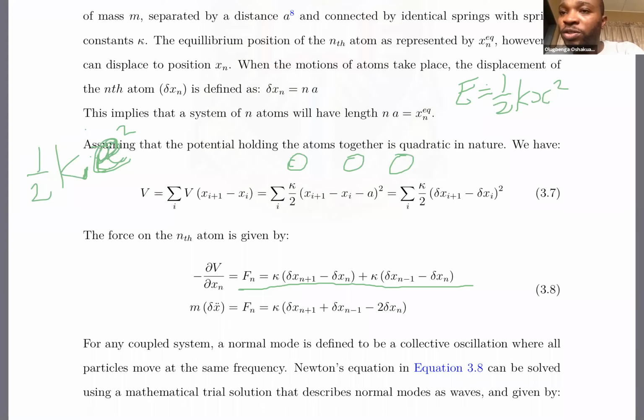We call this xi, we call this xi minus 1, we call this xi plus 1. And when we want to talk about the, how can I make it simpler?